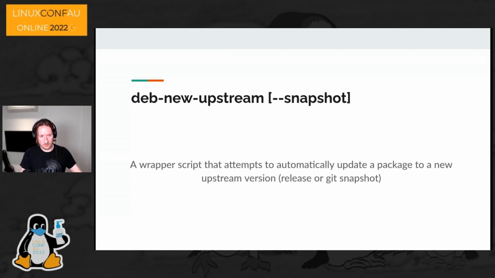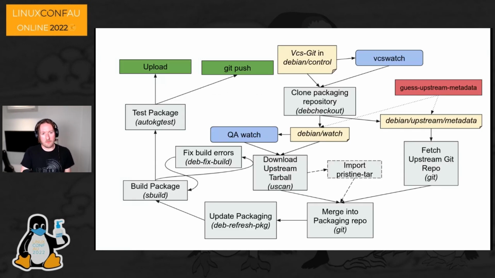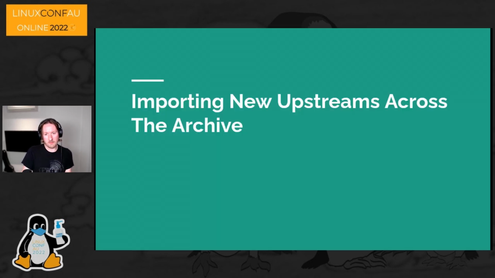And it takes care of all of the work that needs to happen along with that, such as updating the changelog, to some extent updating the packaging as well, building and running the tests for the package, etc. This is all of the steps that it goes through. I won't go into detail, but I'm happy to talk about this afterwards.